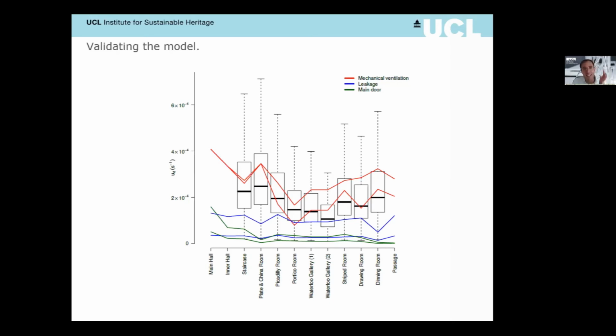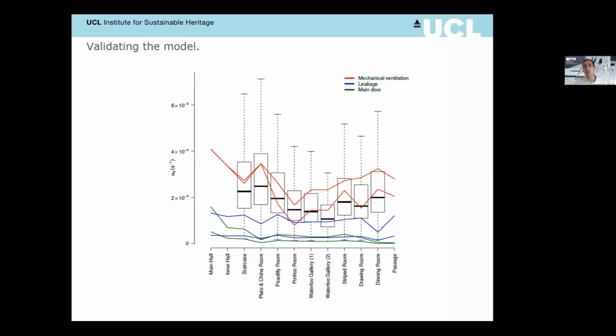However, is there any signal among this noise? Notice that there's a pronounced pattern between different rooms. So the average changes a little bit. There are some rooms with less deposition than others. So that's good and potentially useful for validation. And all the interest here lies in trying to see which simulation predicts these differences between rooms.